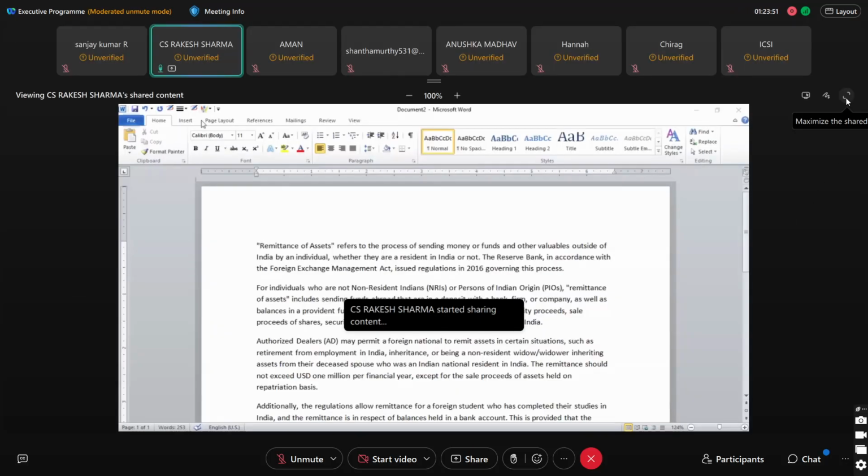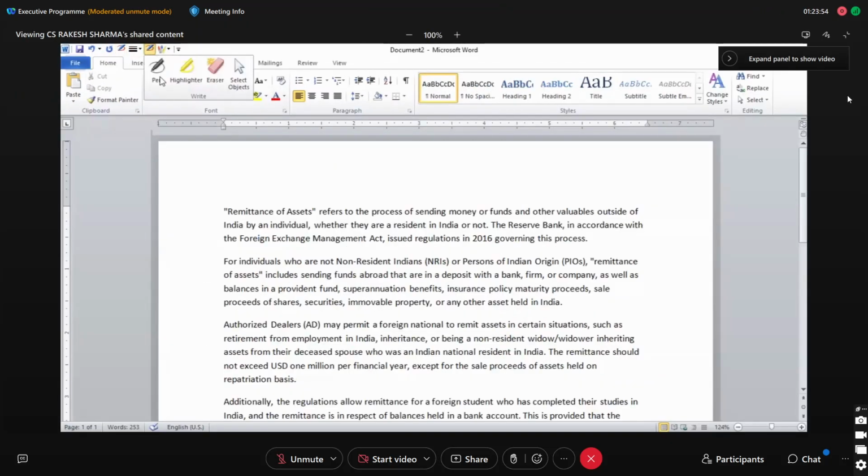Now we are talking about remittance of assets.